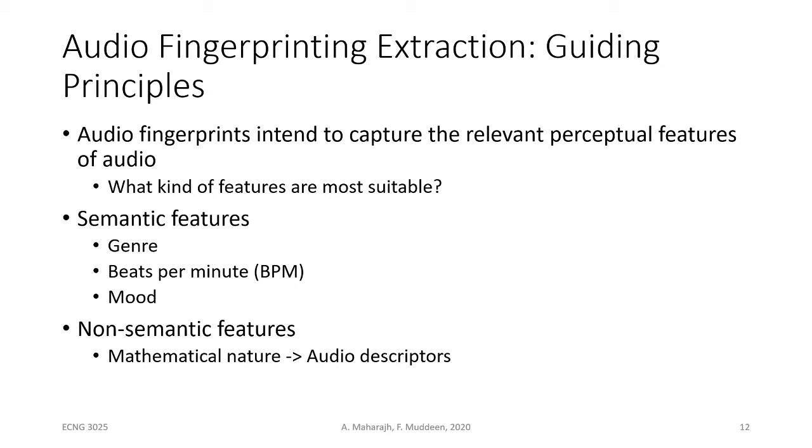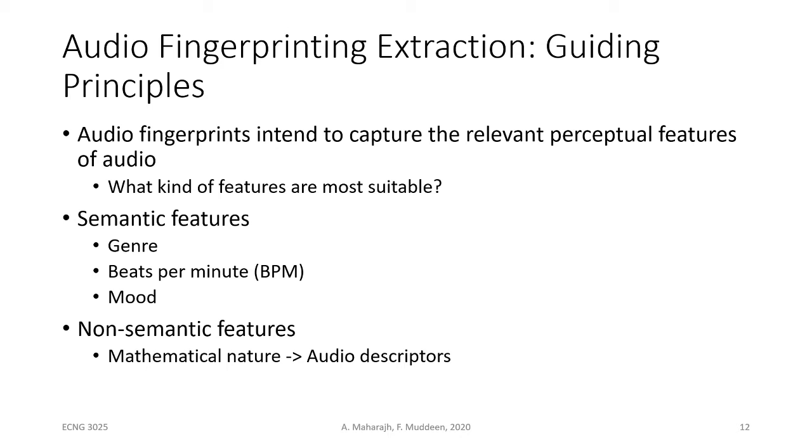Now, the guiding principle for audio fingerprint extraction is that it basically needs to capture the relevant perceptual features. And the question we tend to ask is, what kind of features would tend to be more suitable? So typically we look at genre, beats per minute, and something referred to as mood, which is somewhat subjective in nature.